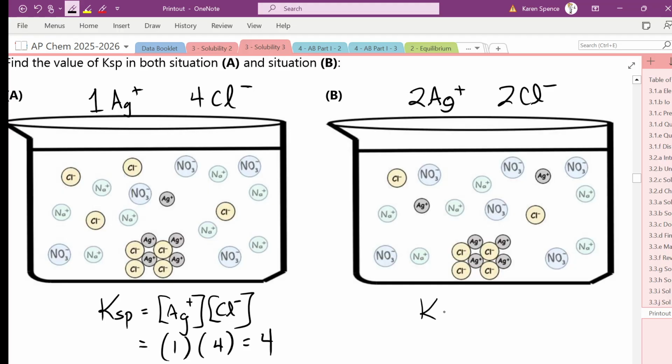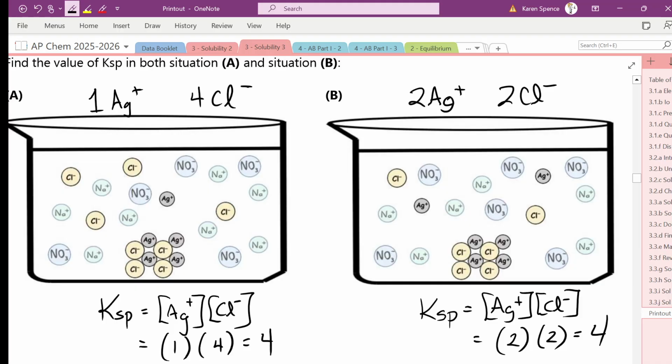Over here, KSP is equal to the concentration of silver times the concentration of chloride, and in this case, that's 2 times 2, which is 4. The KSP will be the same no matter how we arrive at our saturated solution. If I put in the same amount of ions of all types, I'm going to end up with the same concentrations.